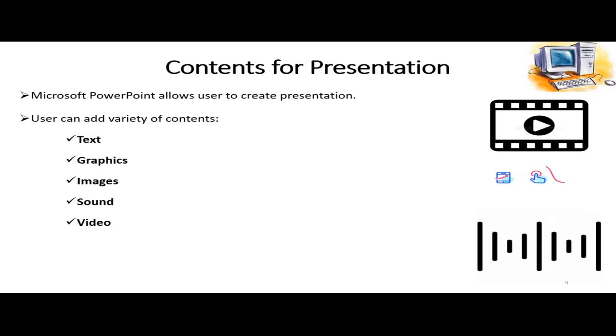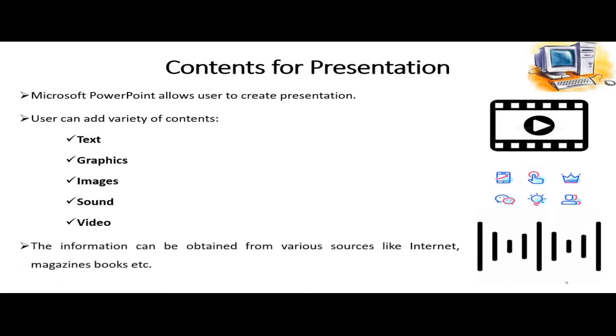So we will see practically how we can add these different types of contents in our presentation. The information can be obtained from various sources like the internet, magazines, books, etc. So it's up to you, whatever the presentation that you are creating related to any topic, you can get the related information from any source.